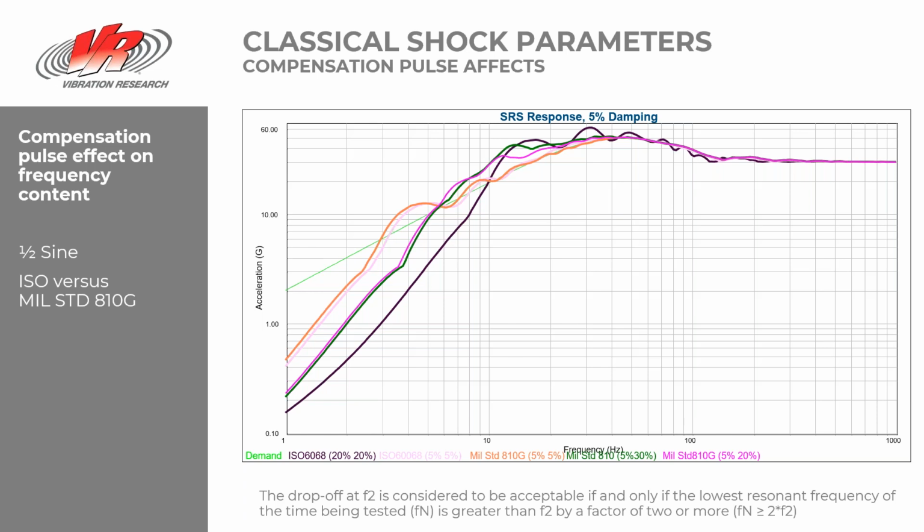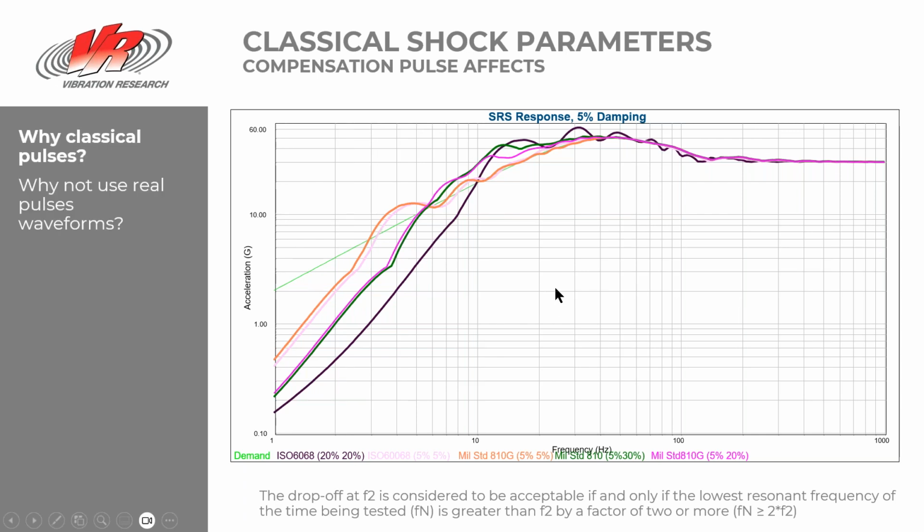So the rule of thumb from my side of things is have the smallest compensation pulses that you can get away with, to ensure that you're not distorting the shock response spectrum associated with your half sine shock. So yeah, that's my campaign on shock tests on shakers and shock response spectrum.